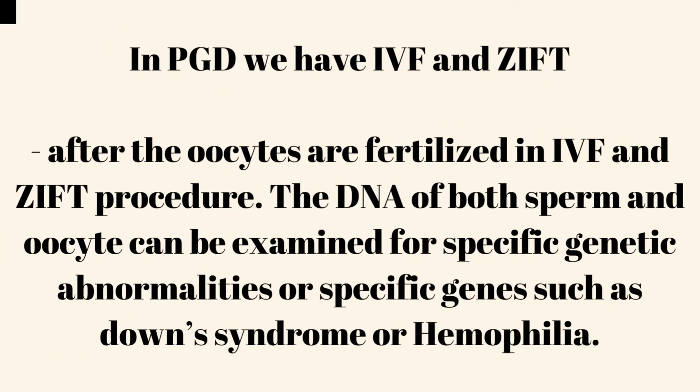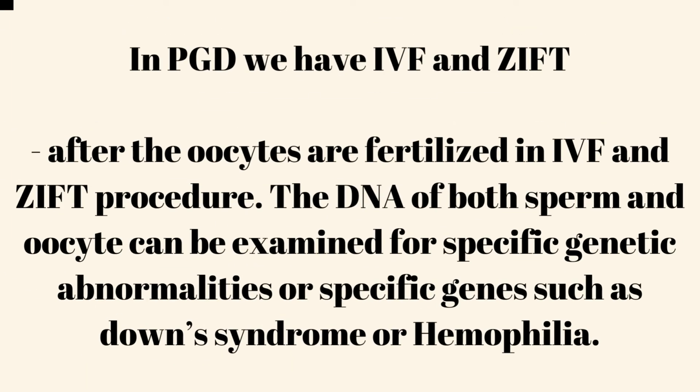In preimplantation genetic diagnosis, we have IVF and GIFT. In vitro fertilization, or IVF, is a medical procedure whereby an egg is fertilized by a sperm in a test tube or elsewhere outside the body. GIFT is a modified version of in vitro fertilization.